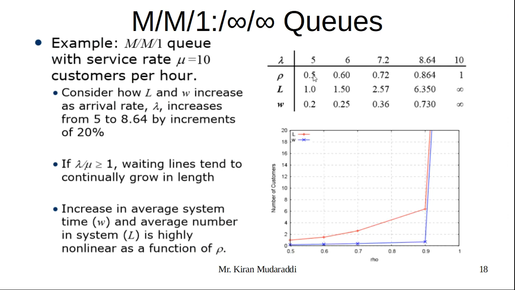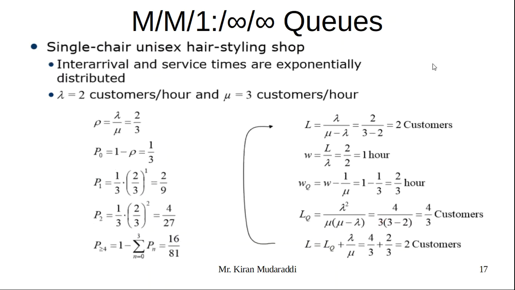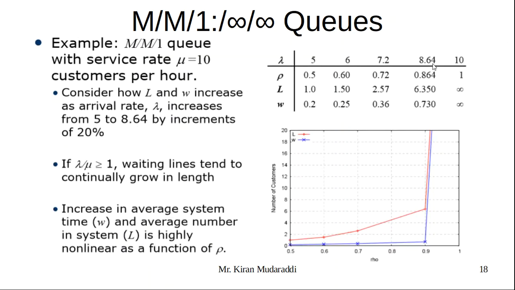Similarly, in another example, a lambda value is given and mu value is 10. Lambda values are 5, 6, 7.2 and 8.64. So these values are taken. It is given in the problem statement. We are calculating rho, that is 0.5, 0.60, 0.72, 0.864.